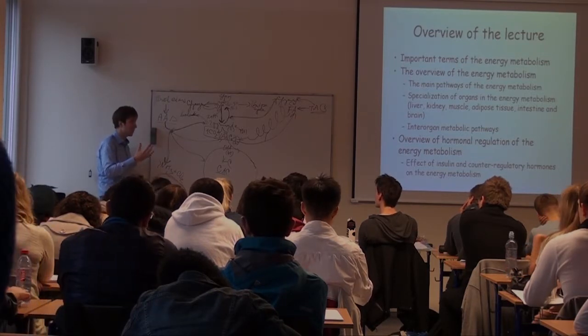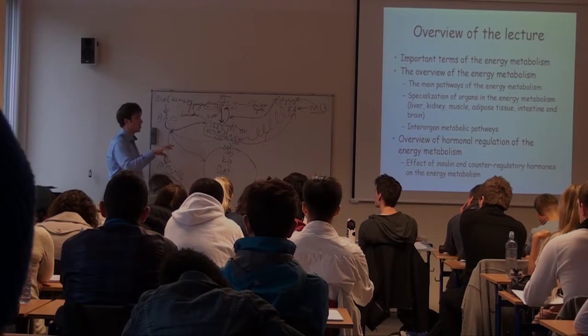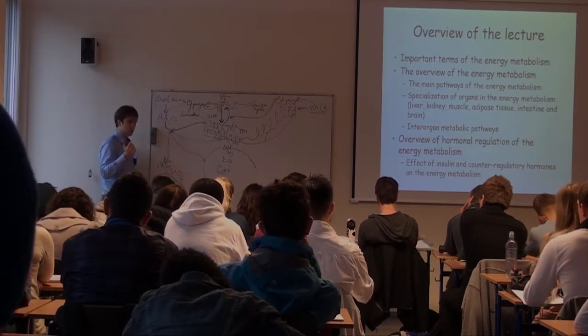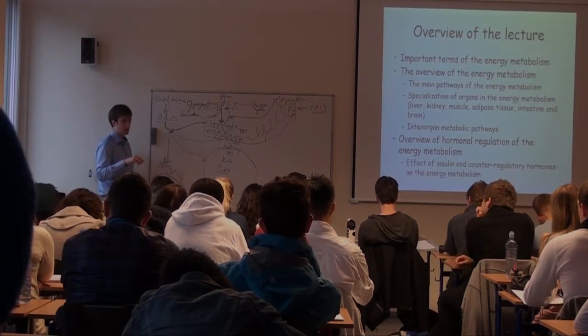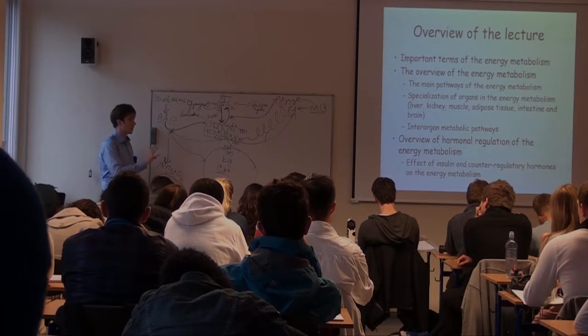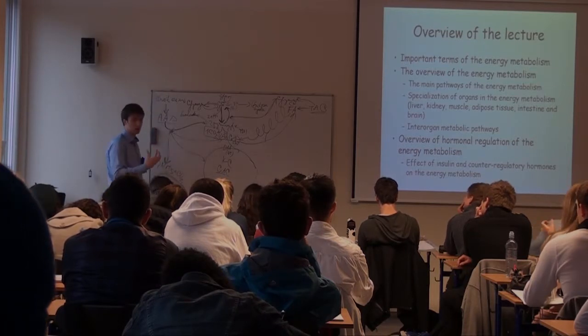More about the energy metabolism of the muscle cell you will learn in the second year, where you have a special lecture about it. For it's very closely connected with the contraction.